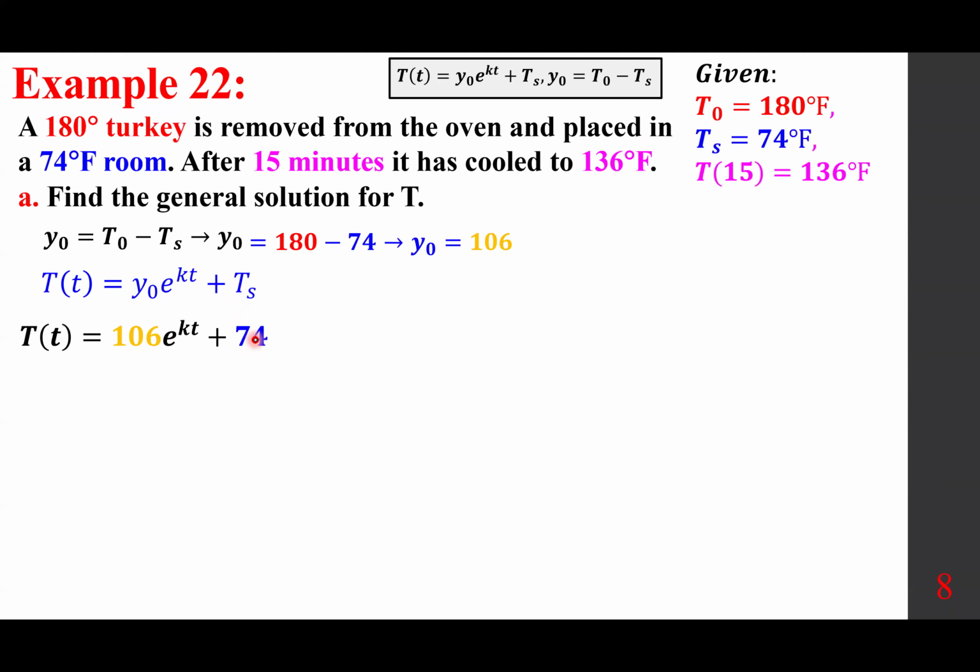Now, as you can see, everything is there. What's missing is k, and therefore, this piece of information will help us find the missing k. So I'm going to replace the lowercase t with 15 minutes, uppercase T with 136 degrees Fahrenheit. We are going to subtract 74.